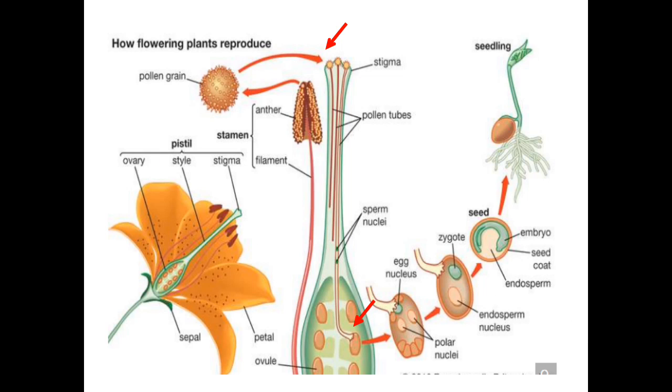So this process is fertilization. If we define it again, fertilization is the process where the male gametes fuse with the female gametes, and this occurs after pollination.